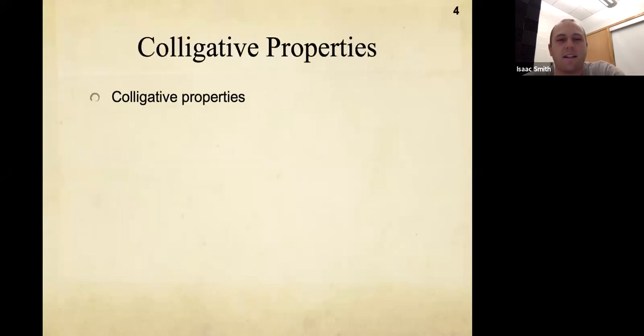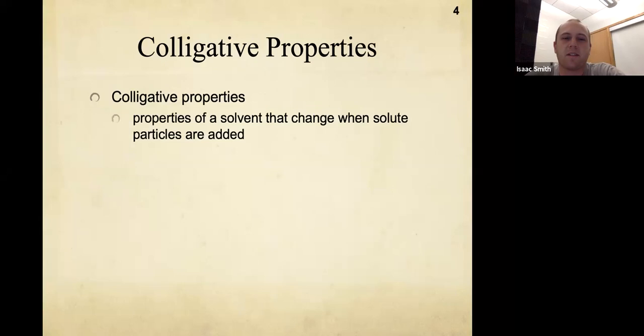All right, colligative properties. This is kind of just a definition term. Colligative properties refers to the properties of a solvent that change when solute particles are added. So if you have a cup of water and you added salt to it, what does that change as far as the properties go? Those are colligative properties, things that change when you add salt to it.